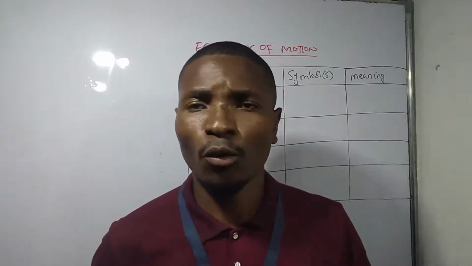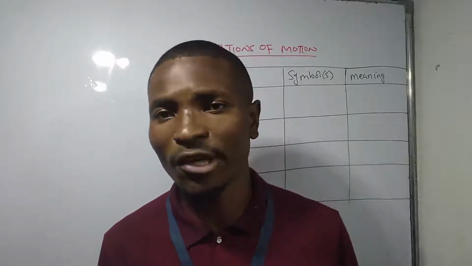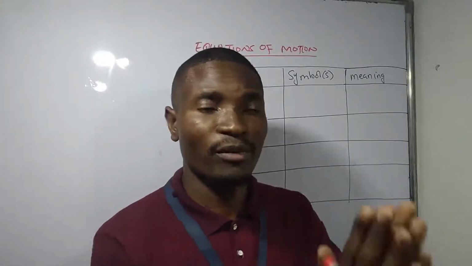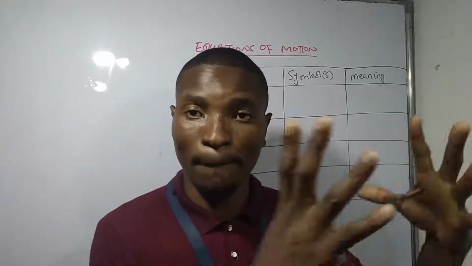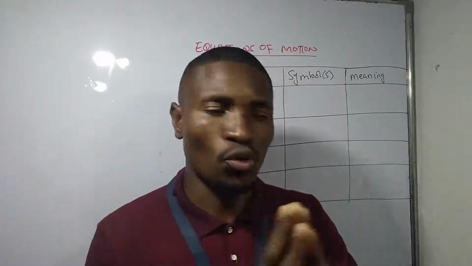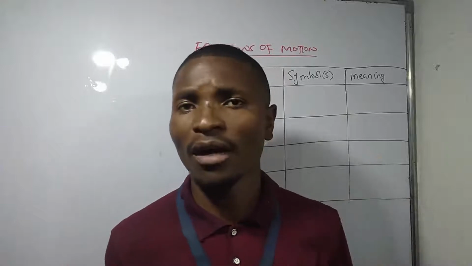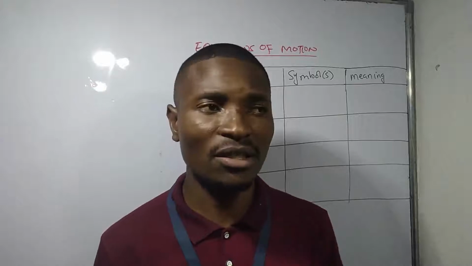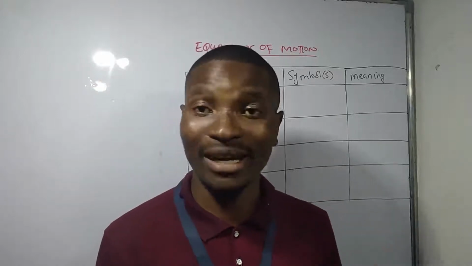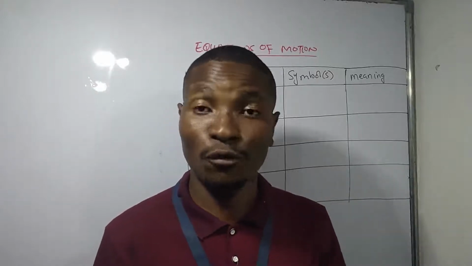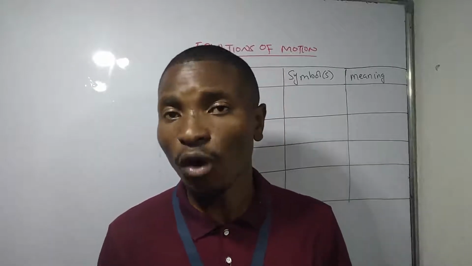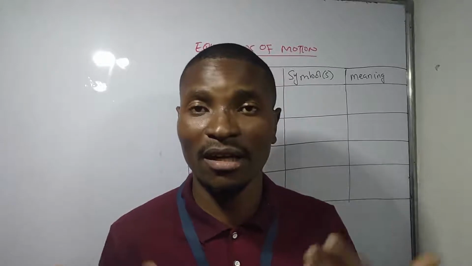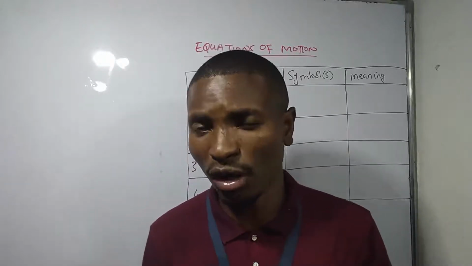Okay, so now we'll be looking at some of these equations of motion. If you have not watched part 1 of this topic, I encourage you to go back and see how to define acceleration, velocity, displacement and speed, and what the formulas are by definition, the quantitative terms that can be used to describe the motion of an object.